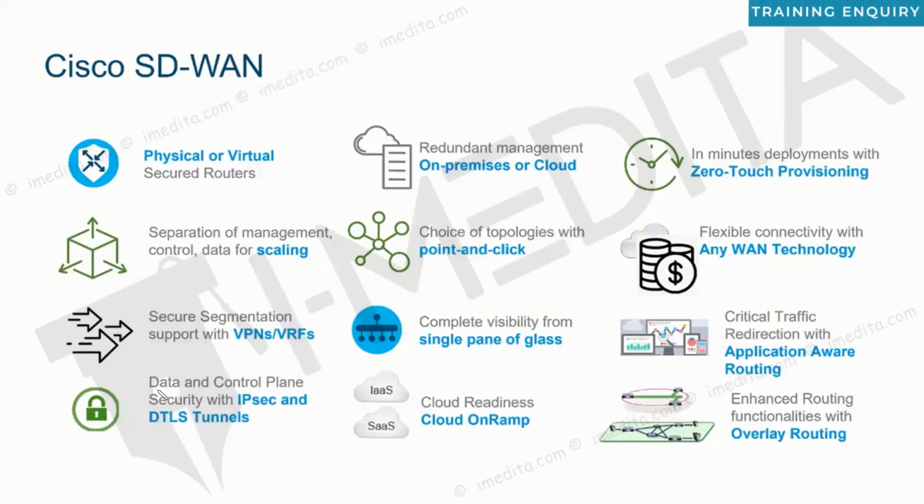Also, sorry, a quick question about vManage. You said you don't need third-party SNMP tools like PRTG or SolarWinds, but can it still work with them? Yeah, it can, because you can still integrate your other third-party monitoring tools by configuring SNMP.